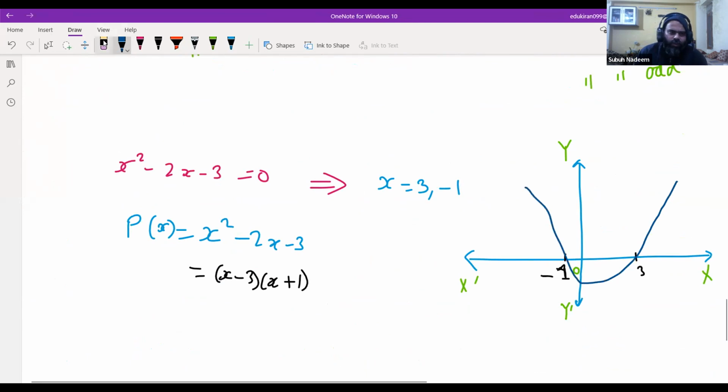I think we are doing it for quite a long time, so you should remember this. This is how we do this one. Now, how can we find the point on the y-axis? By putting x as 0. So what will we get?